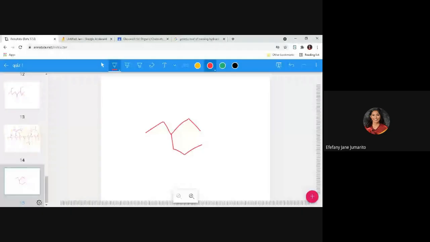That is this one, and then we have this one, then this one. Can you see?